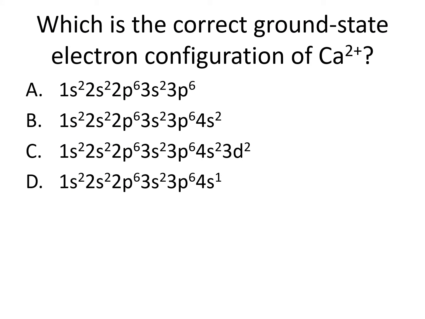Which is the correct ground state electron configuration of the calcium 2+ ion? Is it A, 1s2, 2s2, 2p6, 3s2, 3p6; B, 1s2, 2s2, 2p6, 3s2, 3p6, 4s2; C, 1s2, 2s2, 2p6, 3s2, 3p6, 4s2, 3d2; or D, 1s2, 2s2, 2p6, 3s2, 3p6, 4s1?